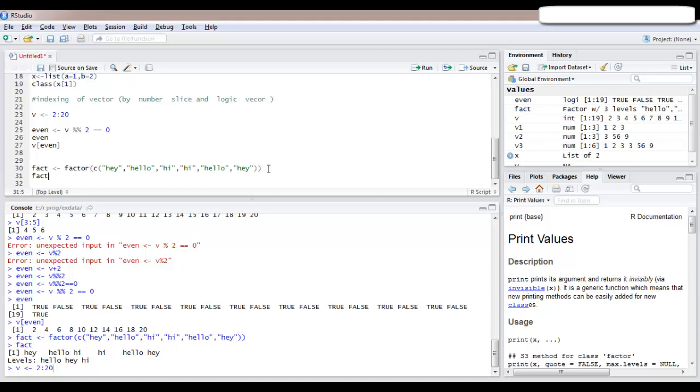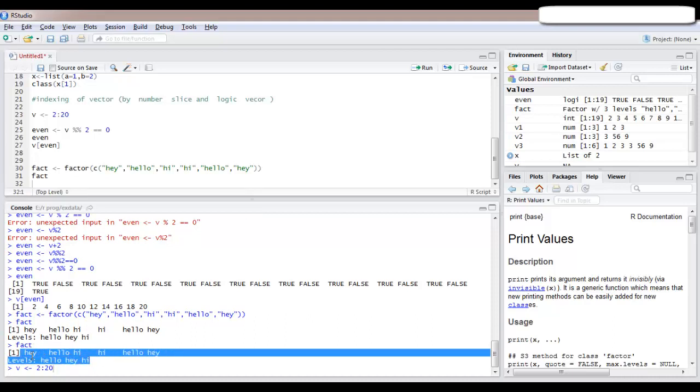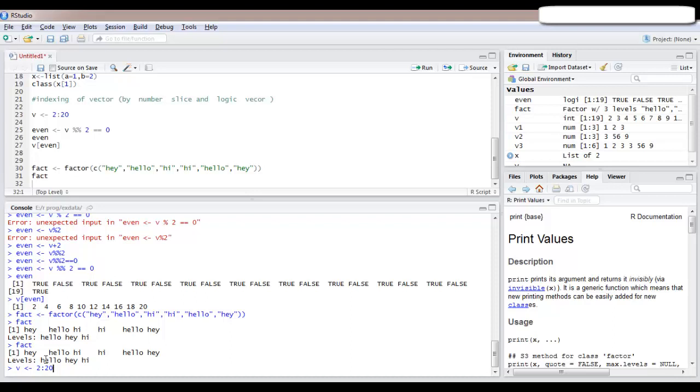When I print it, here you can see the output. It prints each and every string and then the labels as well. Okay, so that's the factor.